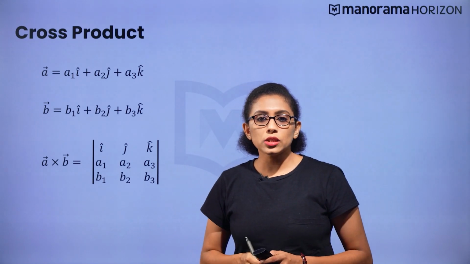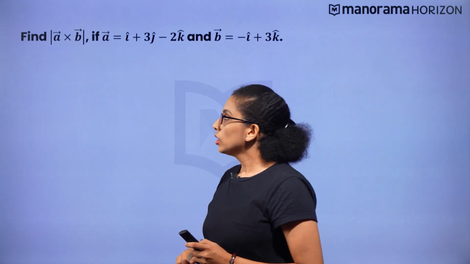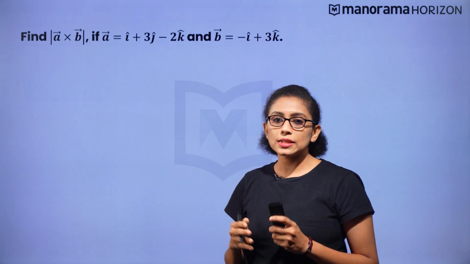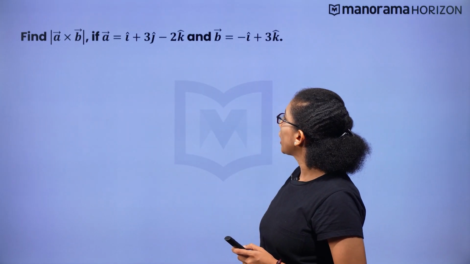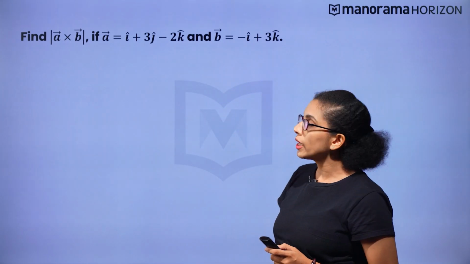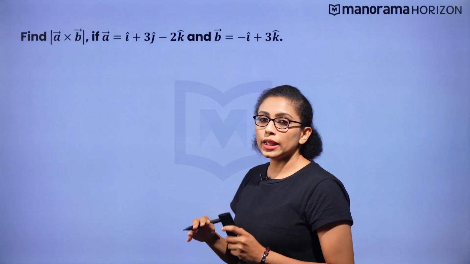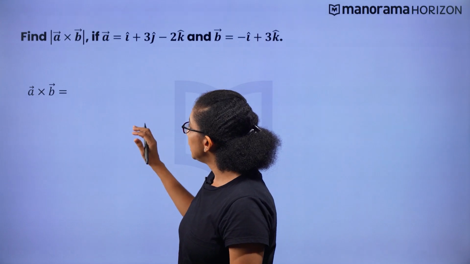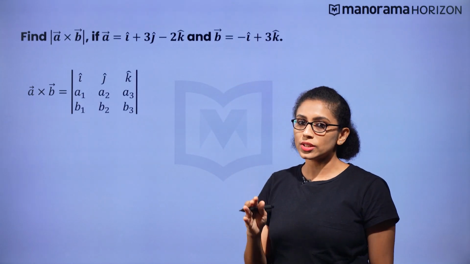Now here's a question to find the cross product of two vectors. The components of two vectors are given. A is equal to i plus 3j minus 2k and B is equal to minus i plus 3k. So first we will write the components in the determinant form as per the equation which we studied just now.